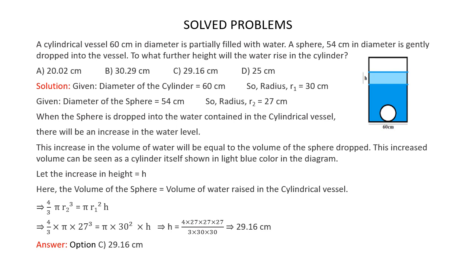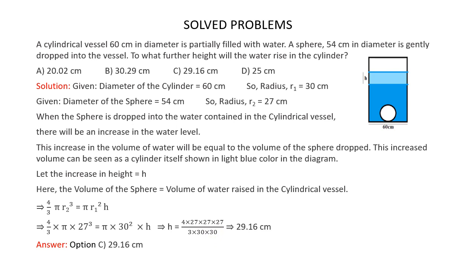So now we have 4 by 3 multiplied by pi multiplied by 27 cubed is equal to pi multiplied by 30 squared multiplied by h. The pi on the left hand side and pi on the right hand side of the equation gets cancelled. So now we have h is equal to 4 multiplied by 27 multiplied by 27 multiplied by 27 divided by 3 multiplied by 30 multiplied by 30.